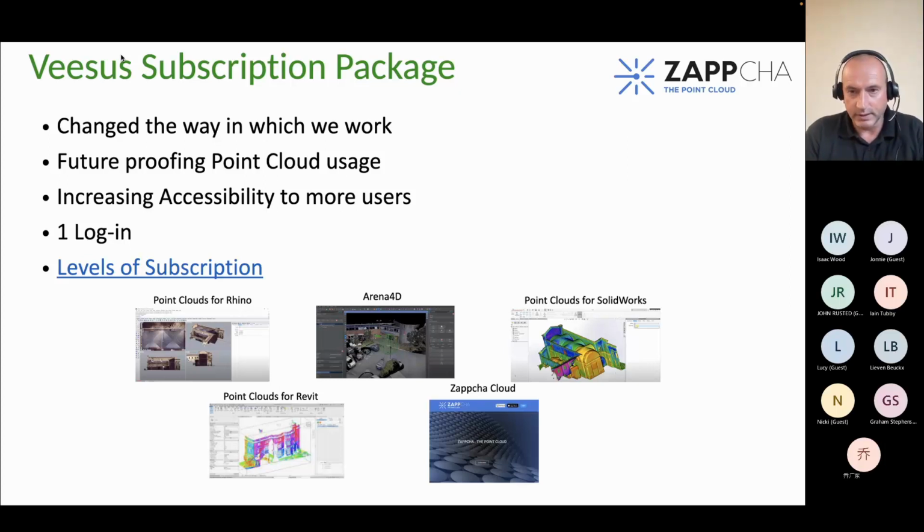And likewise with SolidWorks, you may not want to go and buy Rhino after using the SolidWorks plugin. But by taking our subscription, we've given a single price point for 4 levels of subscription, which will allow one login to use any of those software applications and log in and use the Zapture Cloud itself.